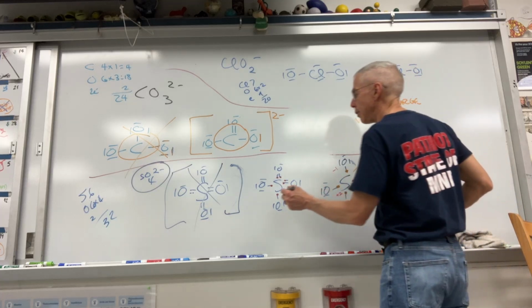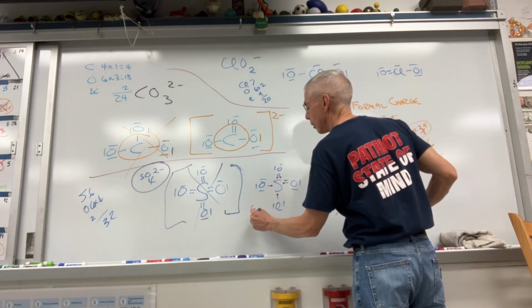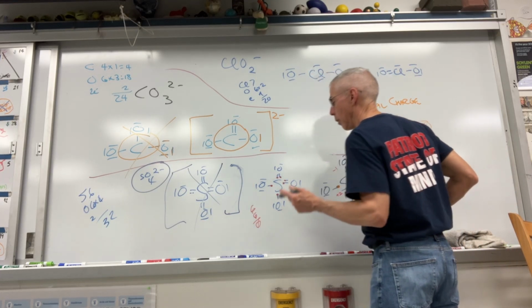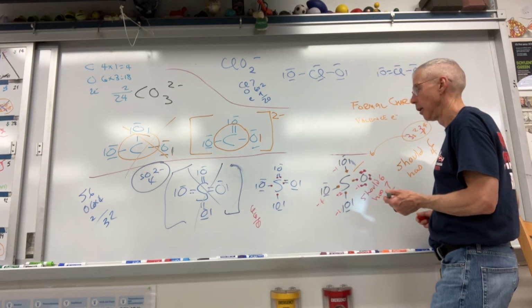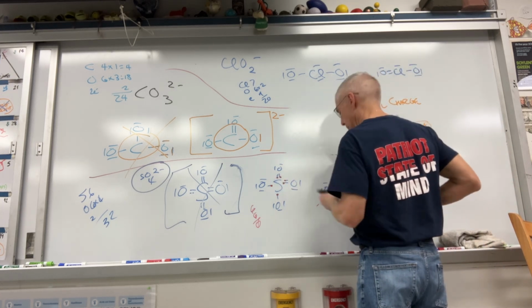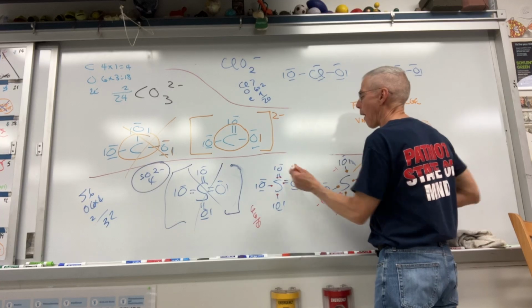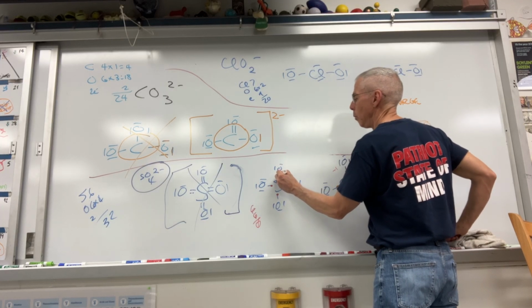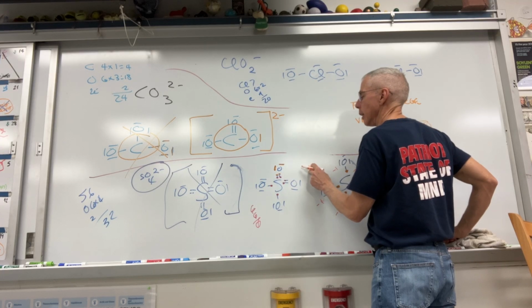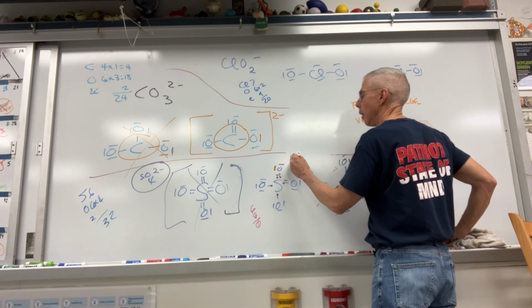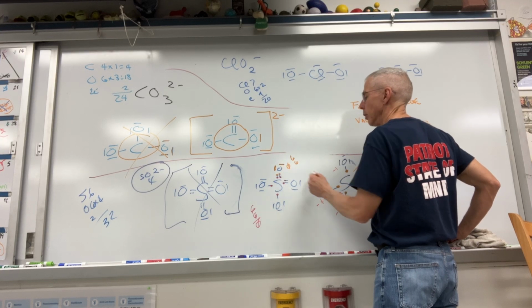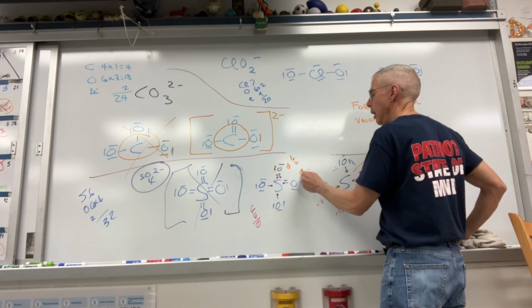So should have 6, does have 6. Formal charge is 0. It's really good. How about this one? Oxygen. 1, 2, unbonded pair, 3, 4, unbonded pair, 5, 6. Should have 6, does have 6. Formal charge is 0.